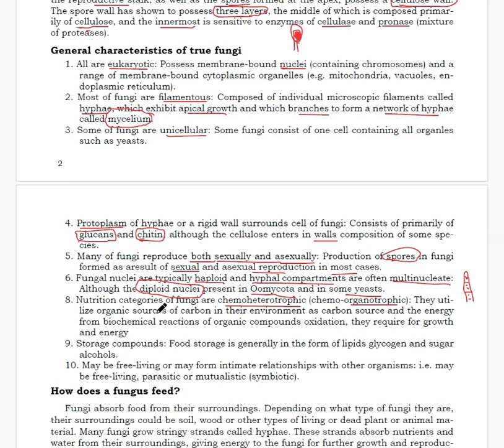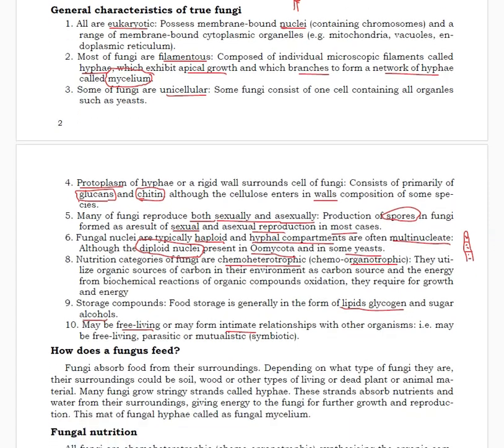They take their sources of carbon from the environment through biochemical reactions, and store compounds in the form of lipids, glycogen like humans, and sugar alcohols. They can be free living or form a symbiotic or parasitic relationship with other organisms, maybe a plant.